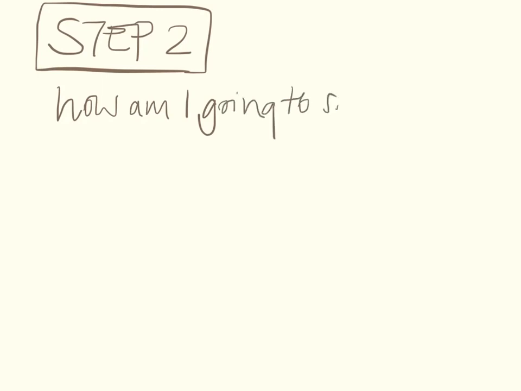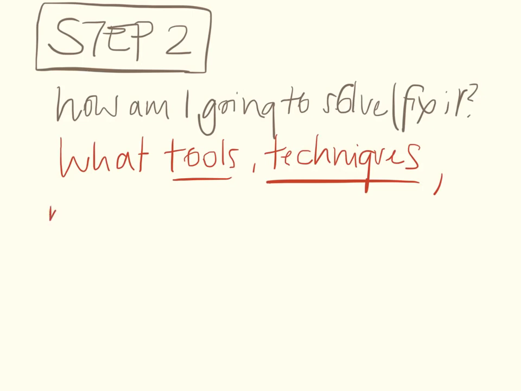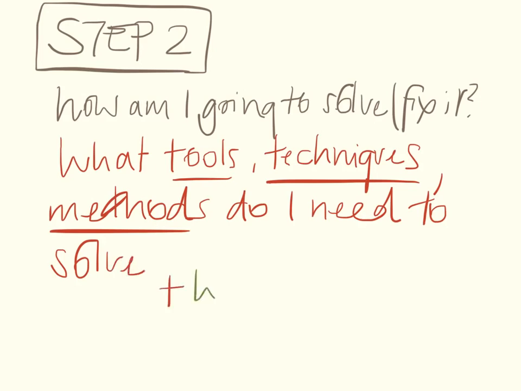Going to solve it or fix it, etc. So the question in step 2 is really, what tools, techniques, methods do I need to solve, and why should I use one particular technique or a tool rather than another?